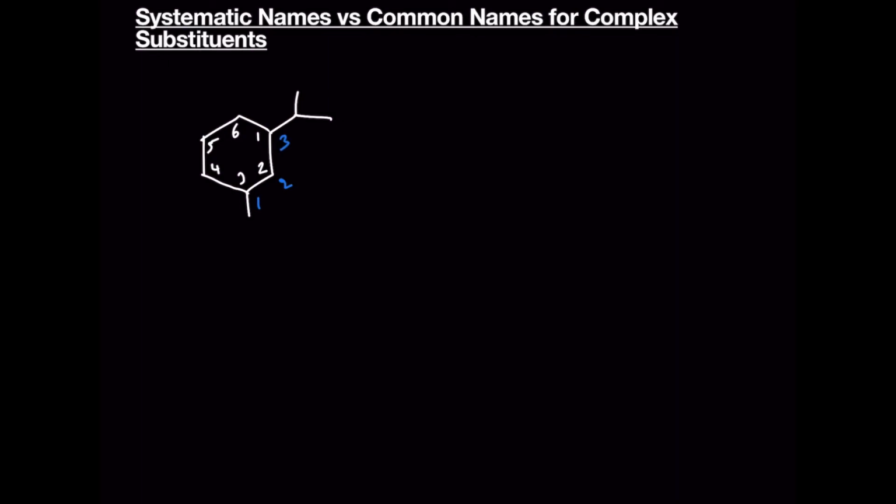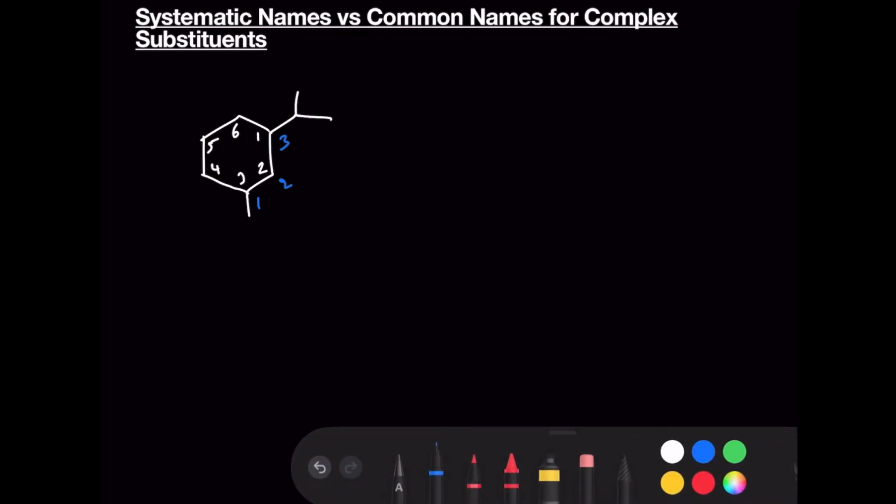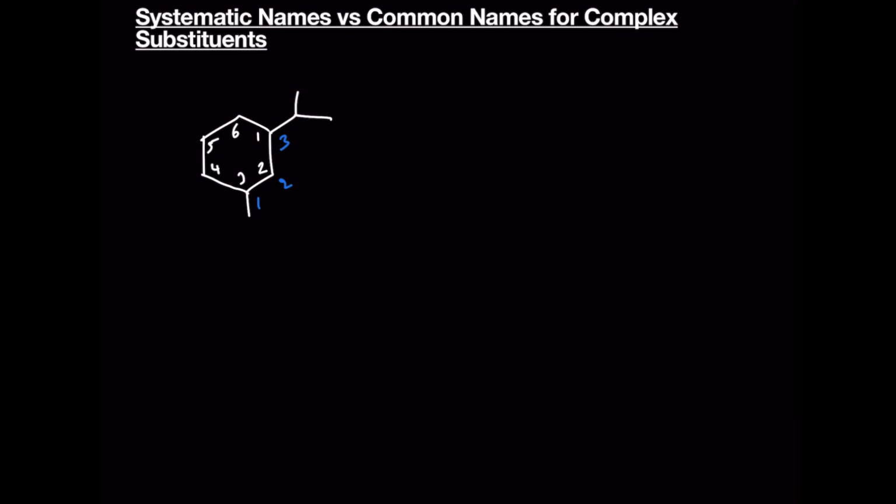But to break the tie, we have to use the alphabetical order, and therefore, the correct IUPAC name for this is 1-isopropyl-3-methylcyclohexane. This is using the common name for the complex substituent.